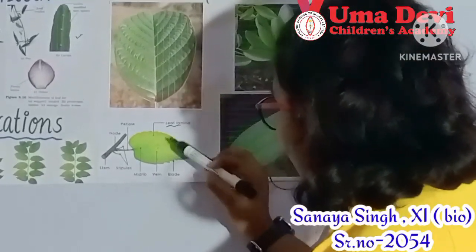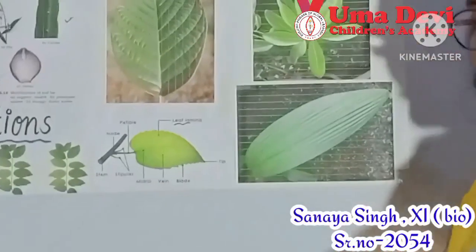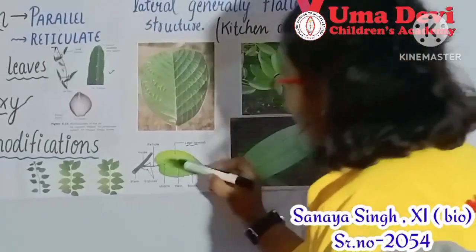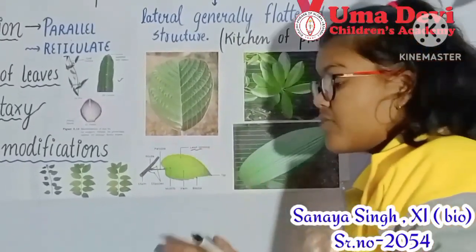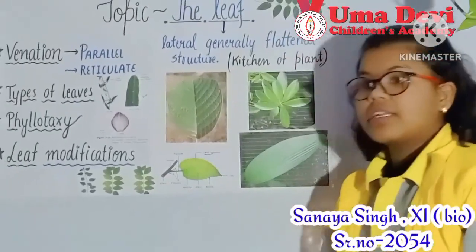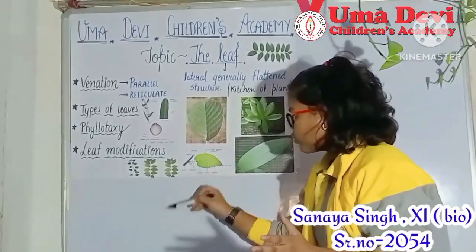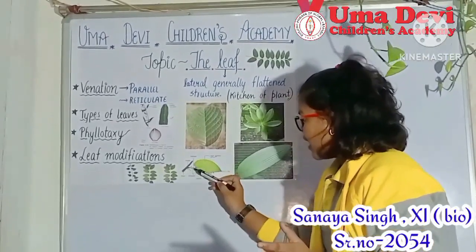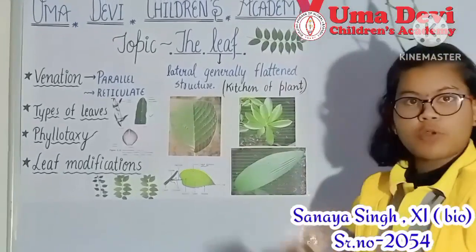Then you can see these nerve-like structures; just like the human body has nerves, similarly the leaf has veins. What is the role of these veins? These veins help in the transport of water and minerals which they take from the roots of the plant, and then they transport them here, and the food making process takes place.